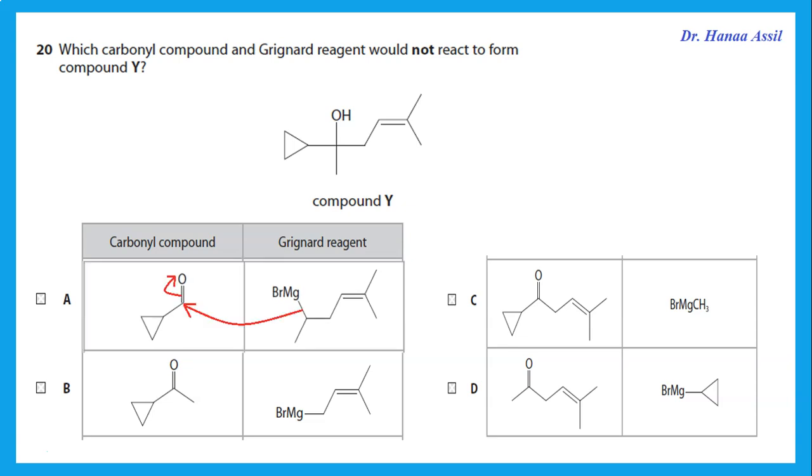If you look at A, if I'm reacting the Grignard with that carbonyl compound, then this is what I'll end up with. So this is different from what we need. So this is the one that would not give compound Y. If you look at each of the other choices, attacking in the same way, it would form compound Y.